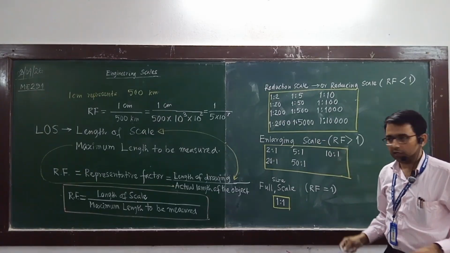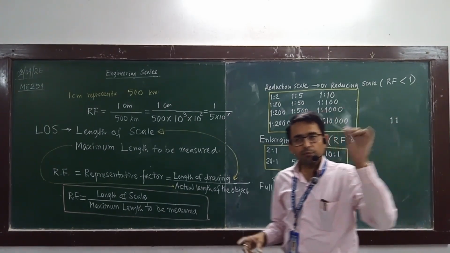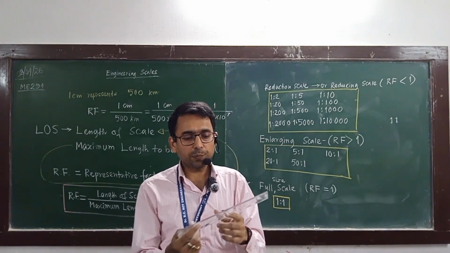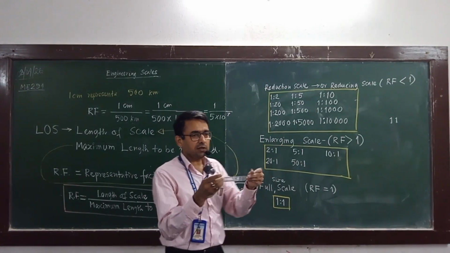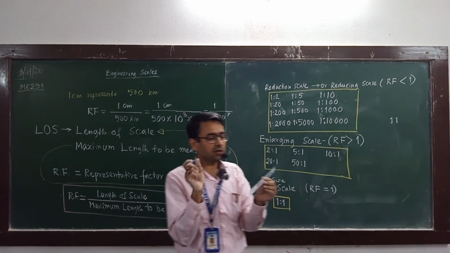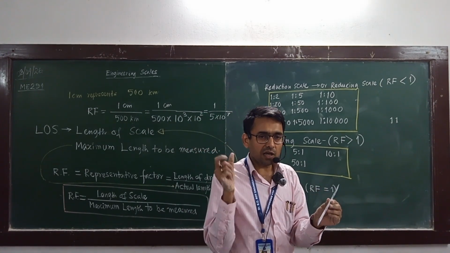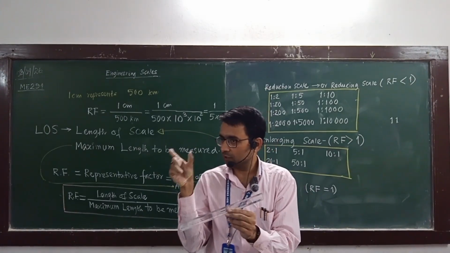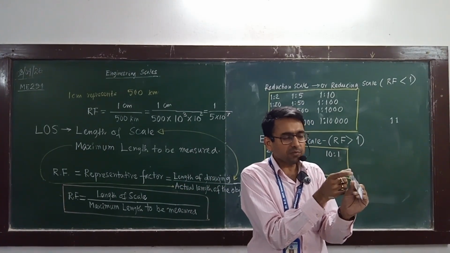Once I know that in the drawing I will use a particular scale, say 1:10 or 1:20 or 1:2, then I will make a scale corresponding to that. If it is 1:2, then I will reduce it. If I am asked to draw a circle of radius 10 millimeter, then from this I will measure 10.